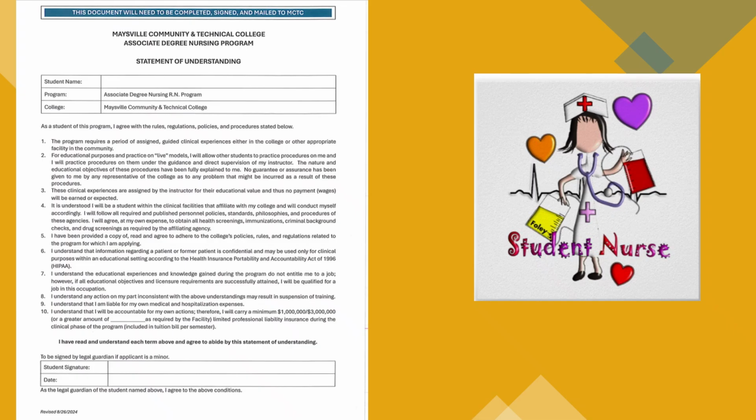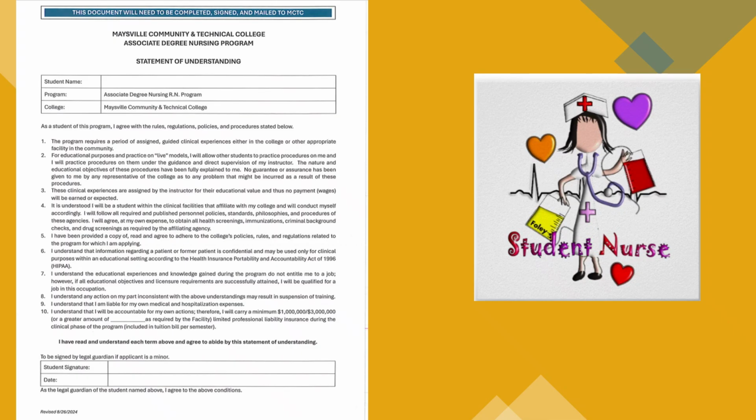I have been provided a copy of and read and agree to adhere to the college policies, rules, and regulations related to the program for which I am applying. I understand that information regarding patient or former patients is confidential and may be used only for clinical purposes within an educational setting, according to the Health Insurance Portability and Accountability Act of 1996, or HIPAA.